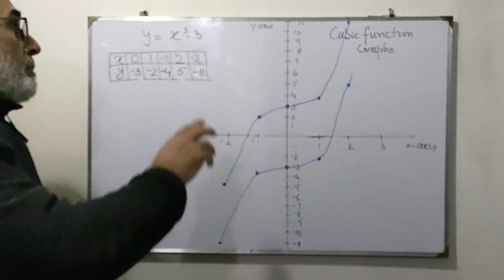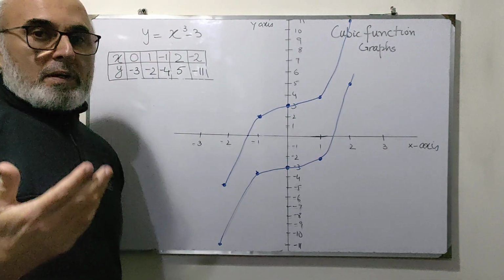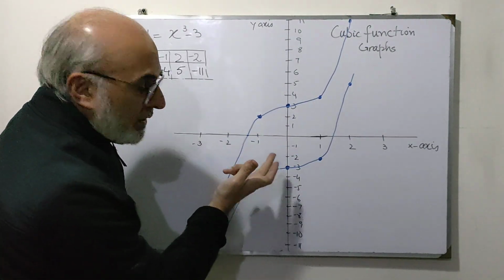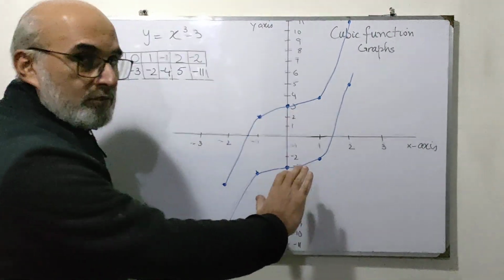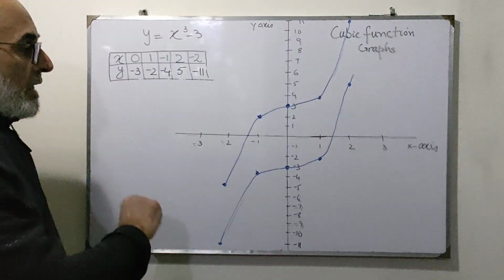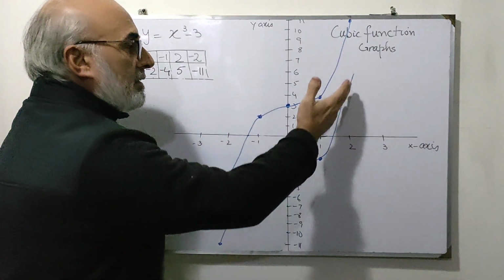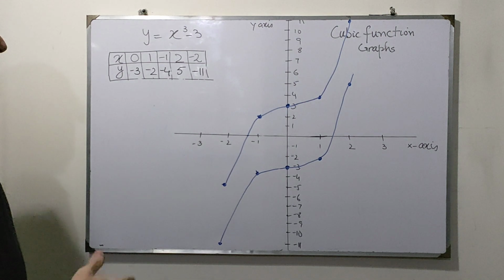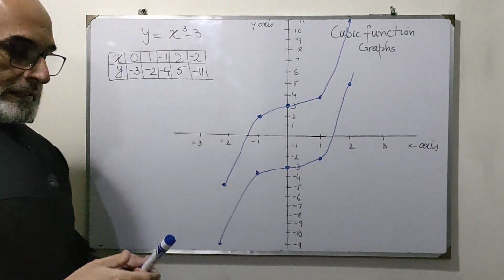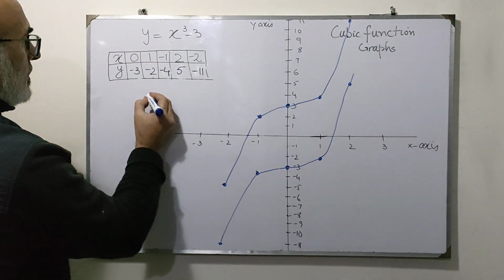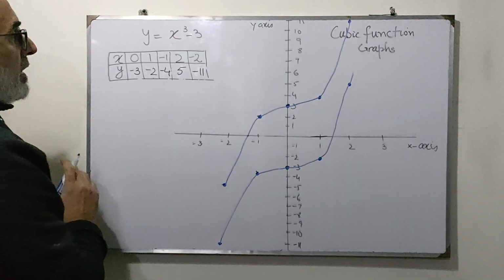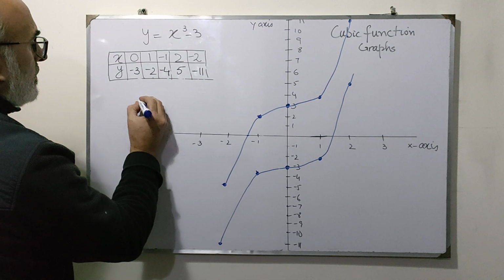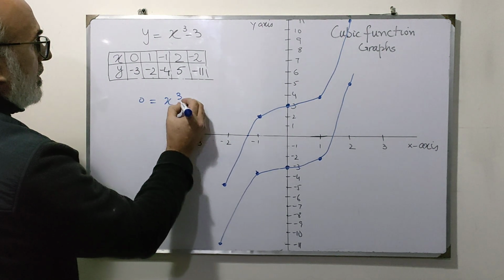Now what's happening? Because we subtracted 3, it is 3 units below the origin. 1, 2, 3. Okay? It's passing through minus 3 because of this, right? And again, we can see that it is intersecting the x-axis at one point. If you want to calculate it, when y is 0, it will be 0 is equal to x cubed minus 3.